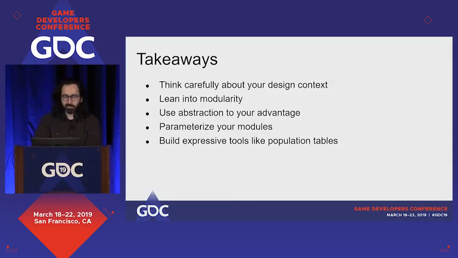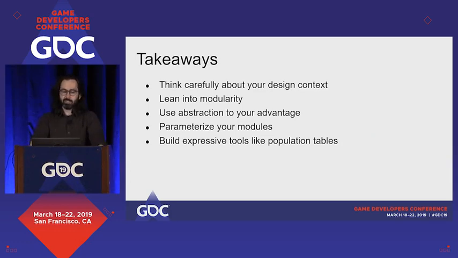So this is a complex system. Takeaways are going to be of, whatever, they might be valuable, they might not be. But there are a couple of nuggets that we tend to find are patterns in our systems that we're reusing over and over. Like I mentioned all the way back at the beginning, you want to think carefully about your design context.